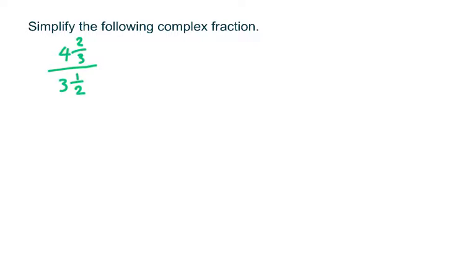Now let's say we are given a complex fraction in which the numerator and denominator are both mixed numbers, such as 4 2/3 over 3 1/2. What you can do first is rewrite this as 4 2/3 divided by 3 1/2.